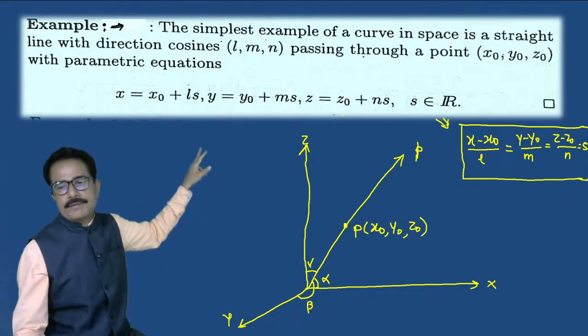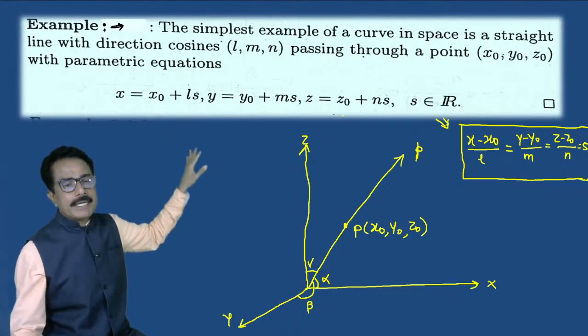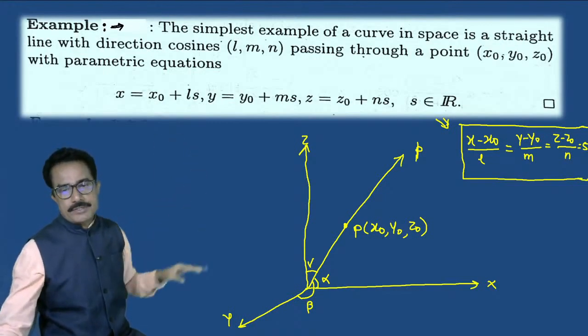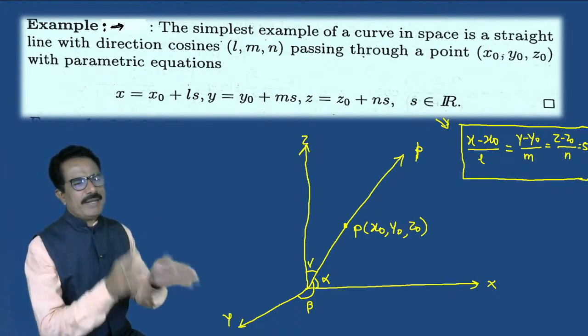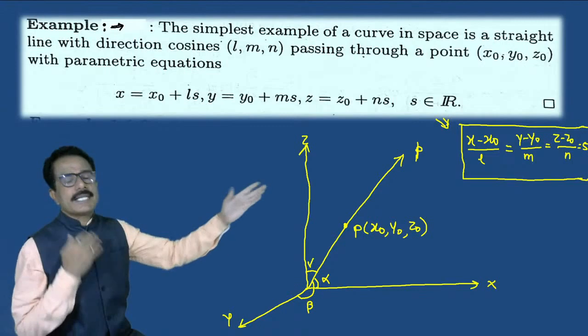Then we can write this parametric equation of a simple curve in 3-dimensional geometry. This is just an example, no problem, you only need to know the example. And this is the Cartesian equation.